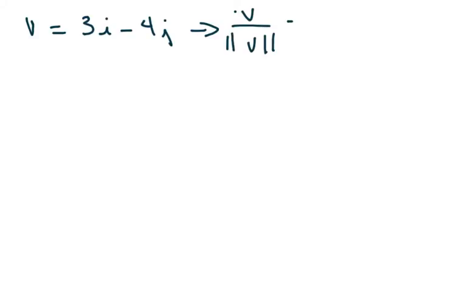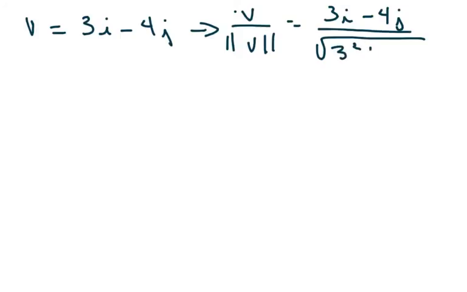The next one we have is v equals 3i minus 4j. We're going to put this in the form of v over the magnitude of v, which equals 3i minus 4j over the square root of 3 squared plus negative 4 squared.